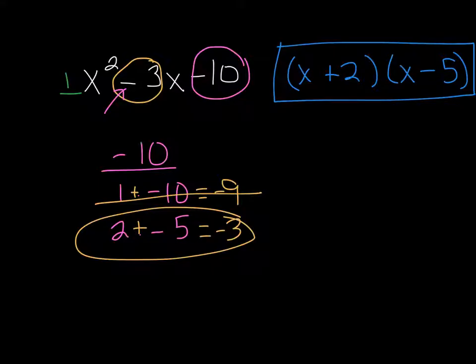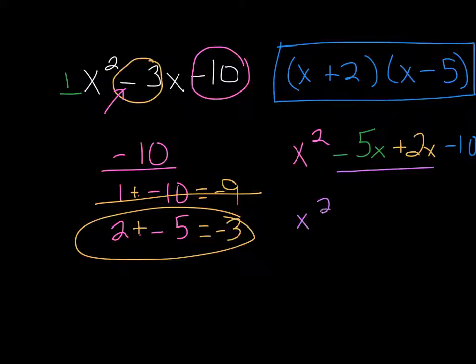Multiply your first terms. x times x is x squared. The outer terms, x times negative 5, is minus 5x. The inner, 2 times x, is plus 2x. And the last, minus 10. Now combine your middle: x squared minus 3x minus 10, which is what we were looking for.